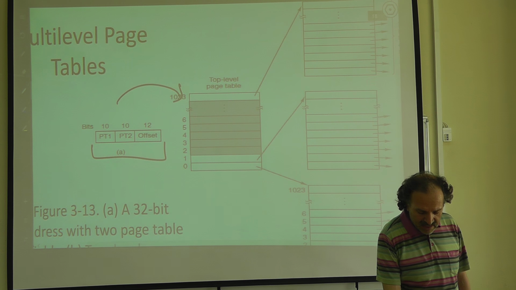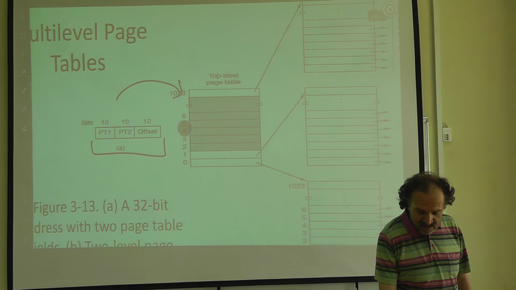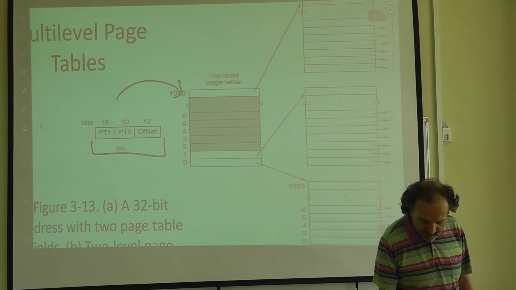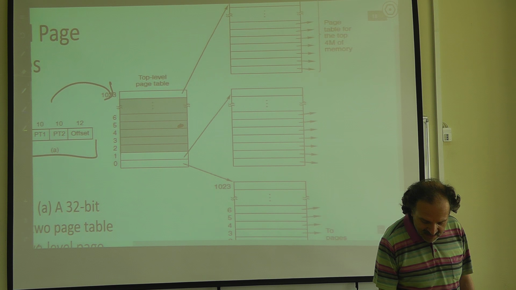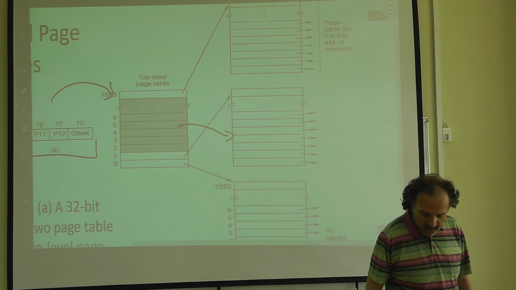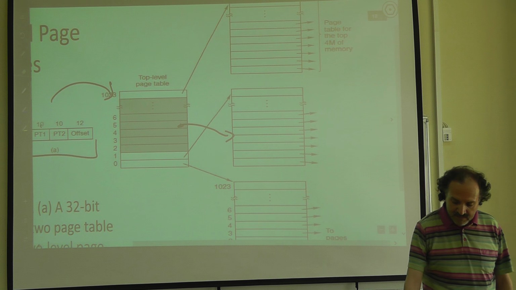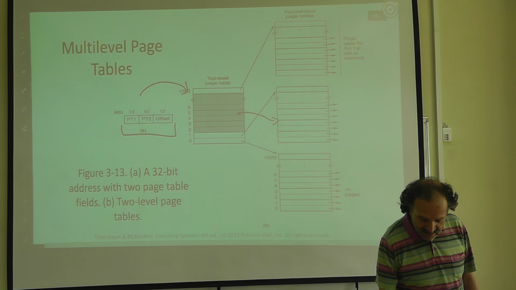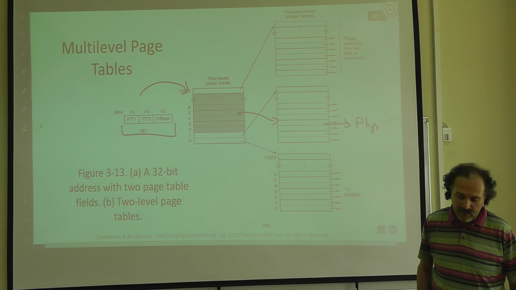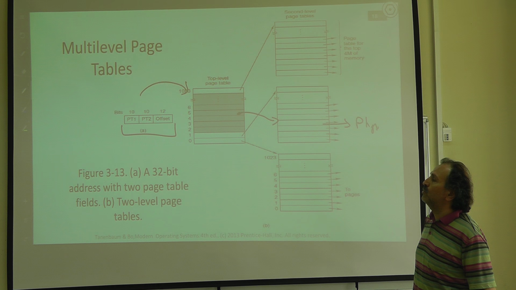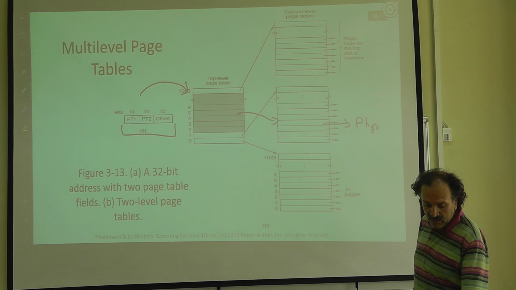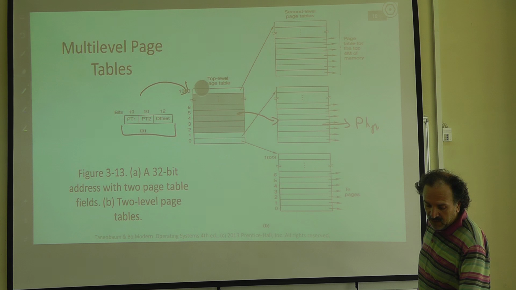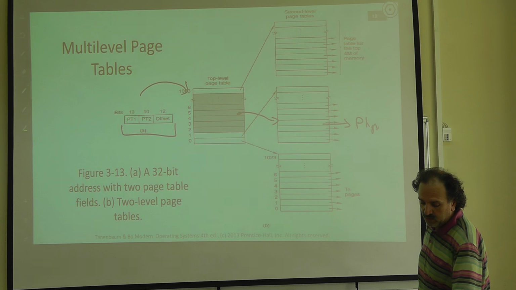Take these 10 bits, address this page table, get a number from here, and following this number, go to one of the second level page tables and get the page address for the physical memory. So I need to make two lookups, one from the top level page table and one from the second level page table.